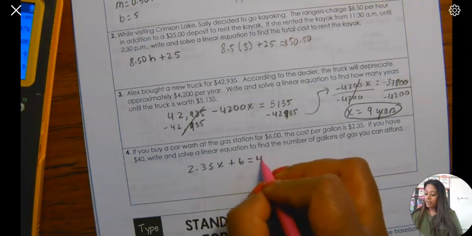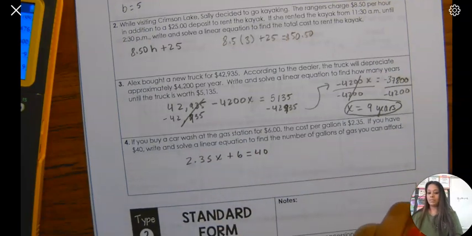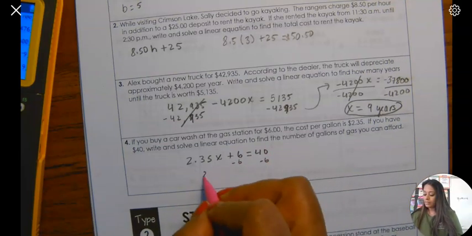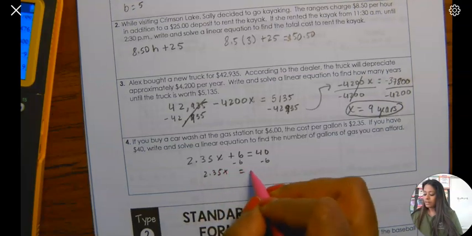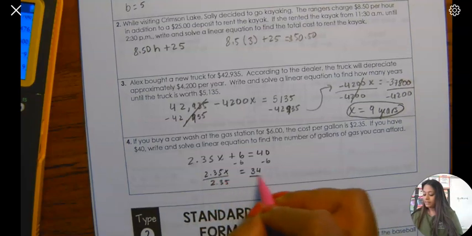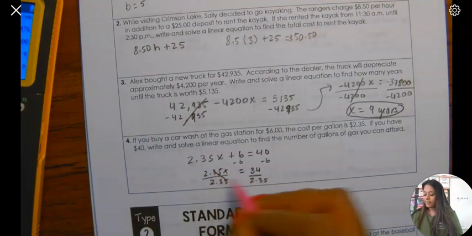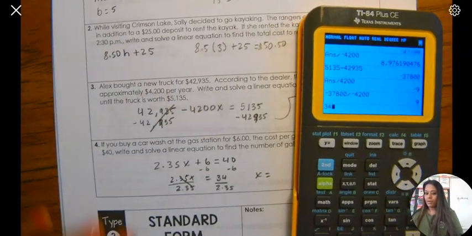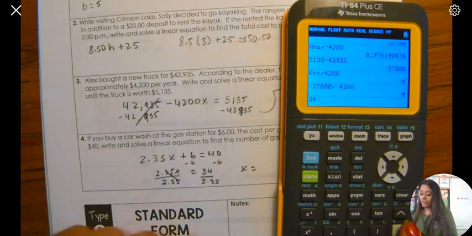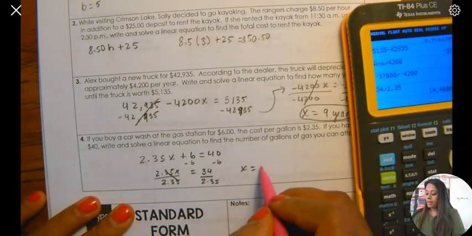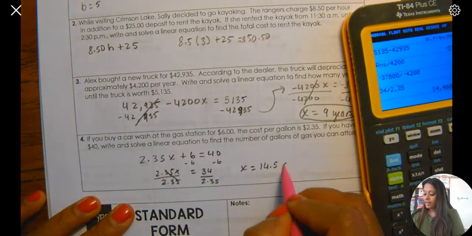But I can only afford to pay $40. So that's what this problem is asking me. So let me go ahead and solve this. $34 and then divide by 2.35. So let's see how many gallons of gas I can get here. I don't even know what $34 divided by $2.35 is. That's about 14.5 gallons of gas.